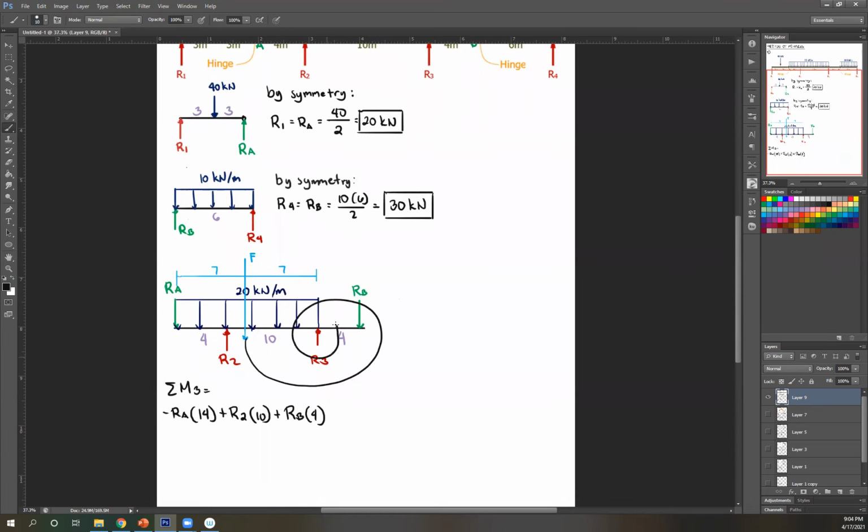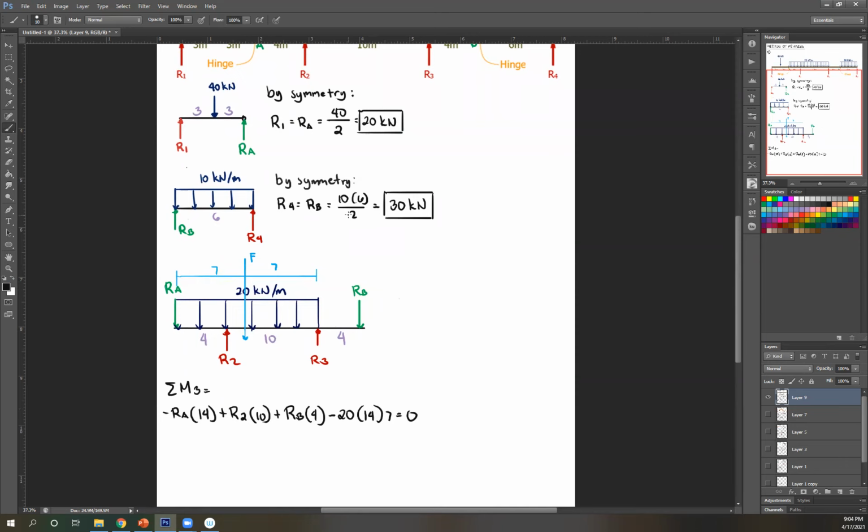So rotate that about 3, that's counterclockwise. So negative. Get the equivalent force, which is just the area. So that's just 20 multiplied by base, 4 plus 10, so that's 14. Multiplied by distance. This is your equivalent load. Distance from R3 is this, which is again 7. There's no other force, so equate that to 0.